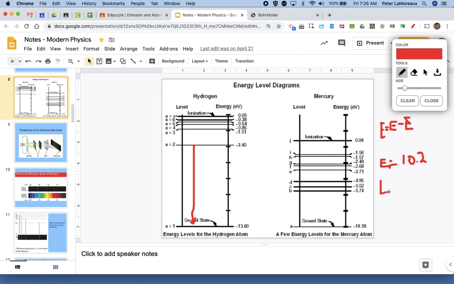And then if I wanted to find the frequency, I can say E equals hf, where this is going to be my E here, and my h is 6.63 times 10 to the negative 34th. I can find the frequency, and furthermore, if I wanted to find the wavelength, I can say speed of light equals frequency times wavelength. So once I found the frequency here, I could take that down to this level here. We're going to do a lot of problems like this, but hopefully these notes have been helpful.